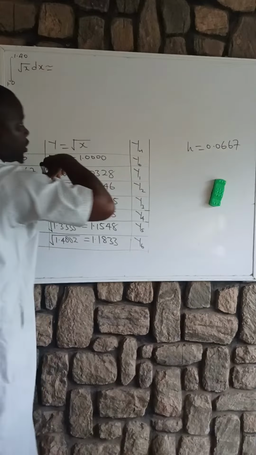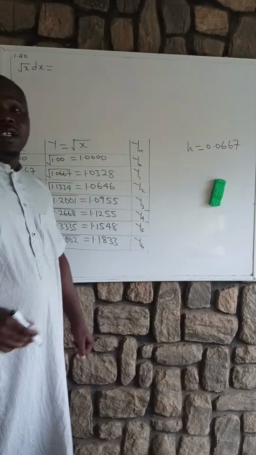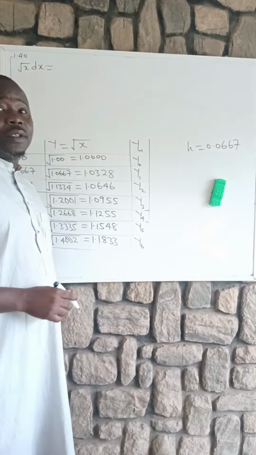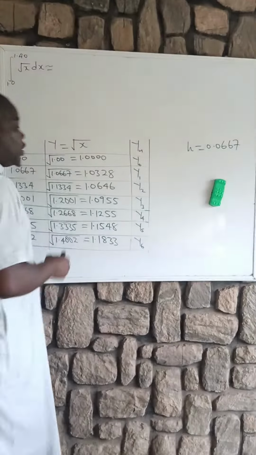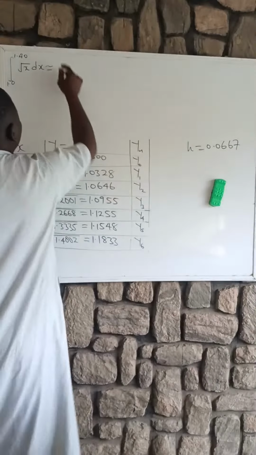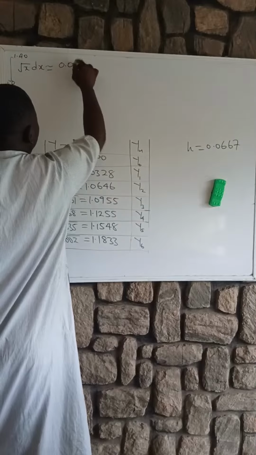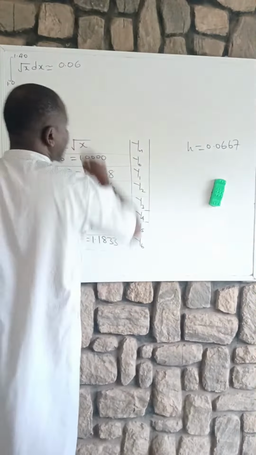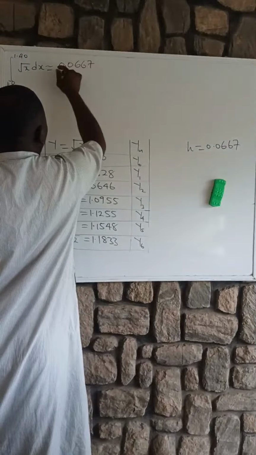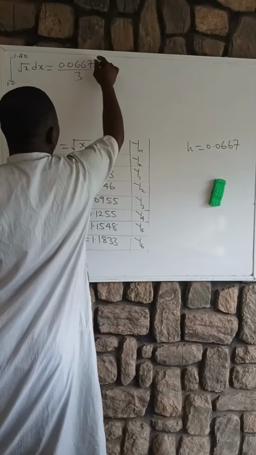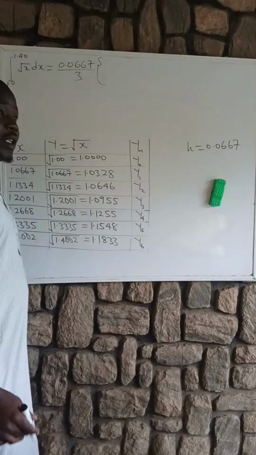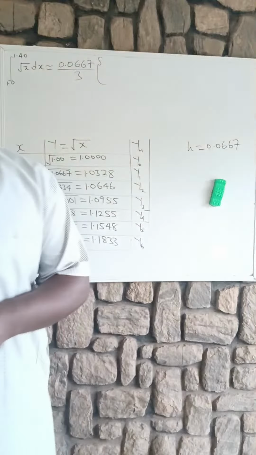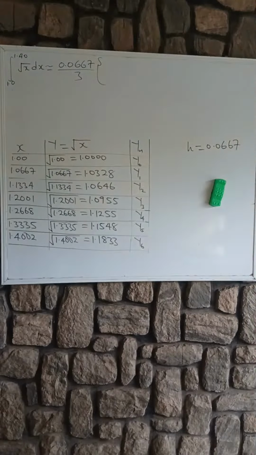Your h is for Simpson's 1/3 rule now, true or false? Your h is given as 0.0667 all over 3. Then we make use of the previous formula that you have taken down, true or false?